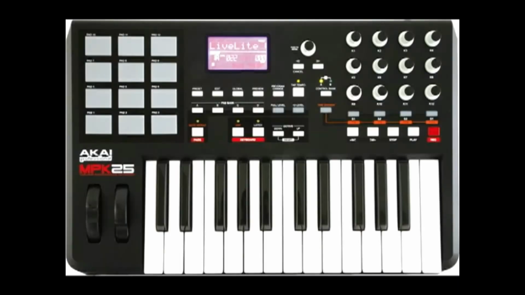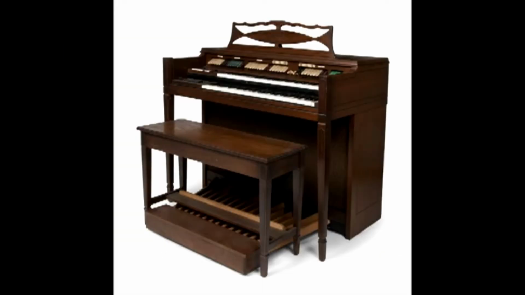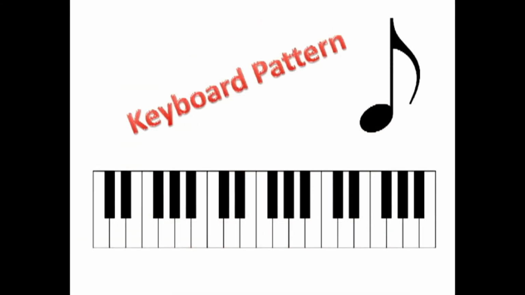They have this layout of white keys, and offset from the white keys are black keys in groups of 2 and 3. So you have 7 different white notes and 5 different black notes. That makes a total of 12 different notes on the keyboard.